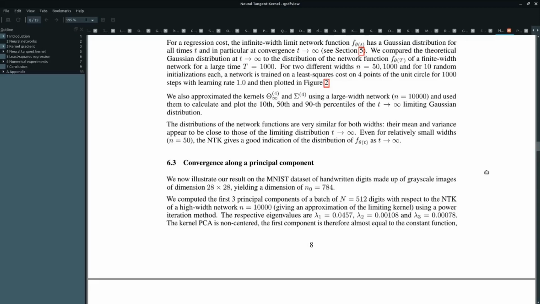Tomorrow I'll post what people should read, but yeah, next week I can do some representation theory.